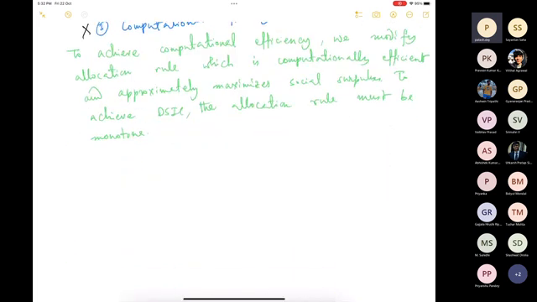Okay, so here is our new allocation rule.